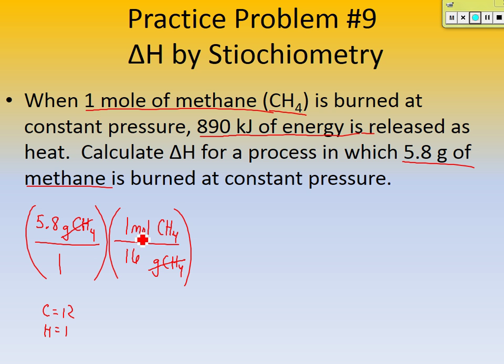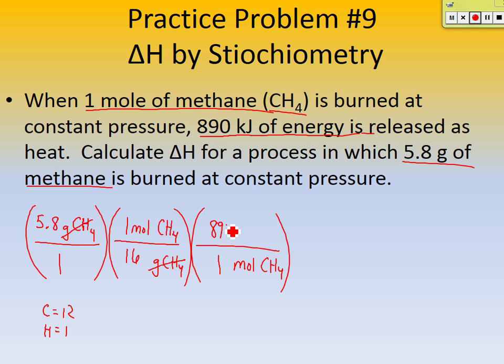Now what I'm going to do is use this as a conversion factor. 1 mole of methane releases 890 kilojoules of heat. So let's make a new conversion factor and find out how much heat it released. Okay, if moles of CH4 is on top, what's got to go on the bottom? Moles of CH4. Well, our conversion factor that we're getting from the information here says that 1 mole of CH4, so I'm going to put 1 here, releases 890 kilojoules of heat.